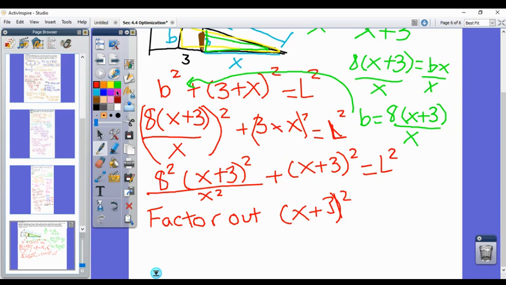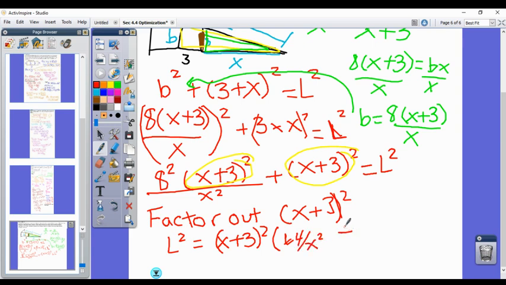I'm taking this out from both of my terms, which means I'm going to be left with L squared equals x plus 3 squared times 64 over x squared and 1.